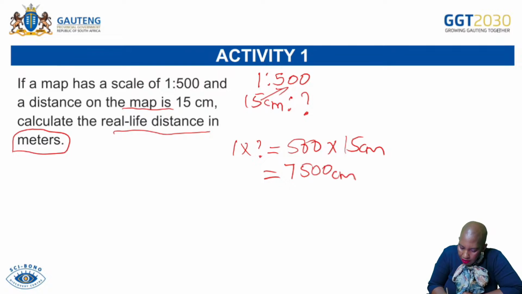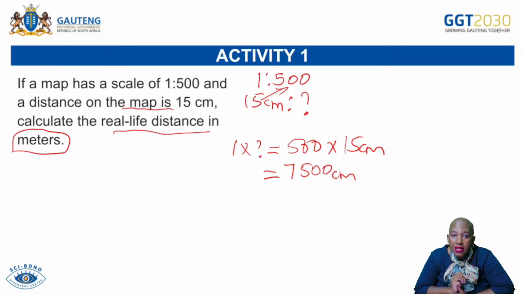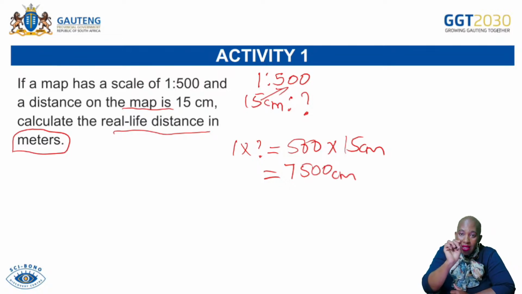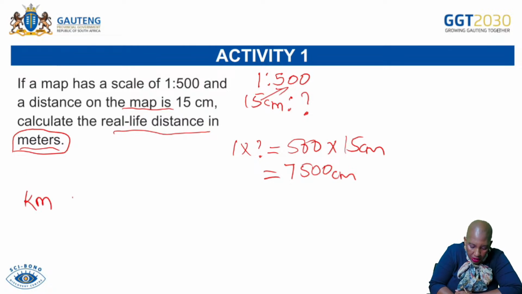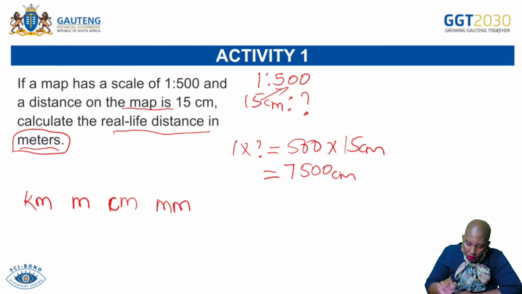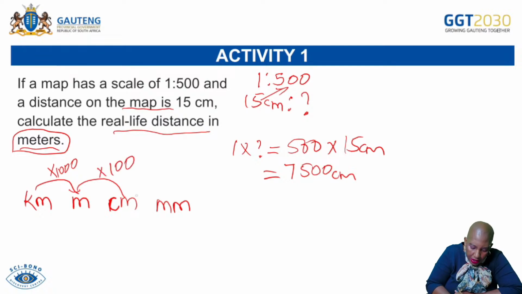7,500 centimeters. But do they want the answer in centimeters? No. They want the answer in what? In meters. Then I have to go back to my conversion board. And then I know if I'm doing the right thing. Then on my conversion board, it says from kilometer, multiply by 1,000, and then multiply by 100, multiply by 10.